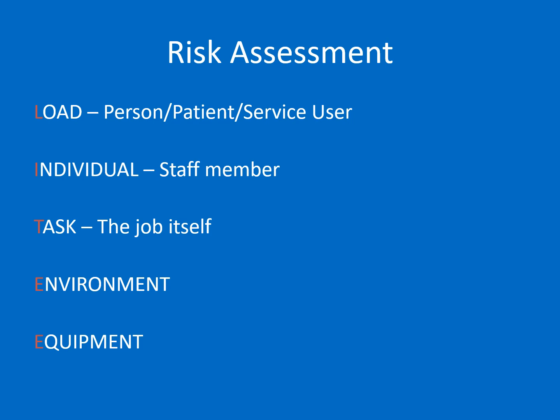Once you've looked at the load and worked out ways of mitigating the risk, you then move on to individual. So you look at the staff members. Certain hazards and risks are going to be if the staff hasn't had training in moving and positioning people, if that training isn't up to date, or if it's not been sufficient.